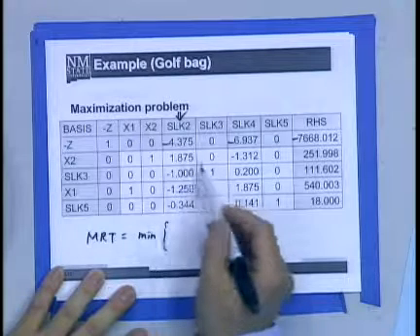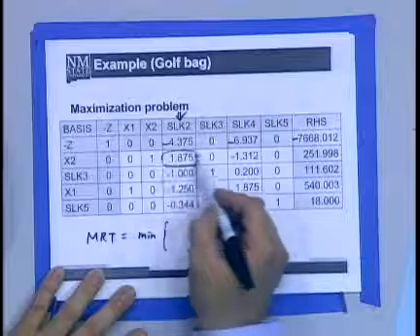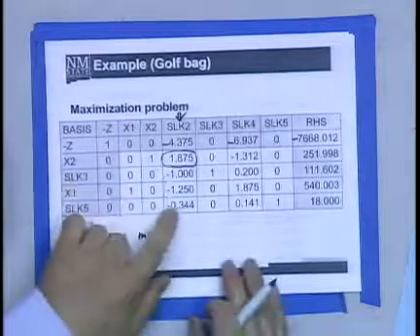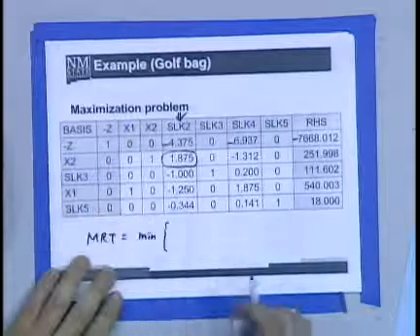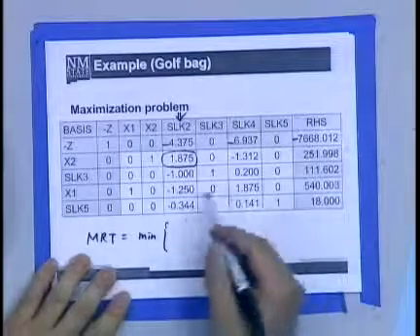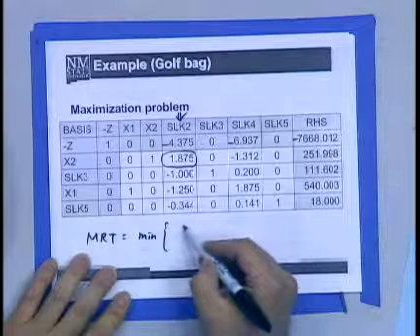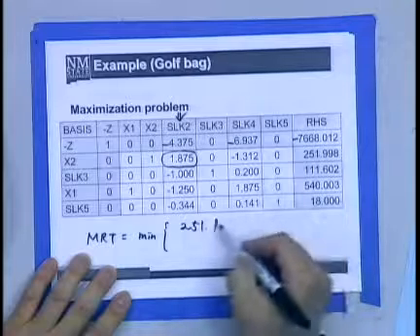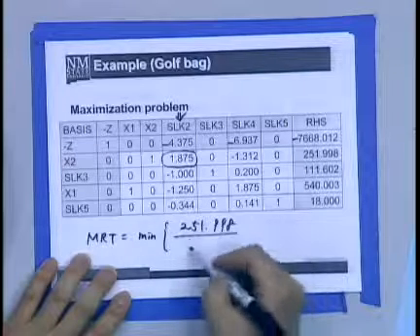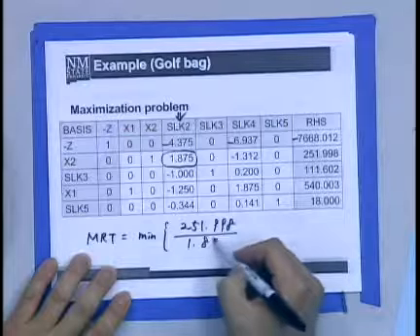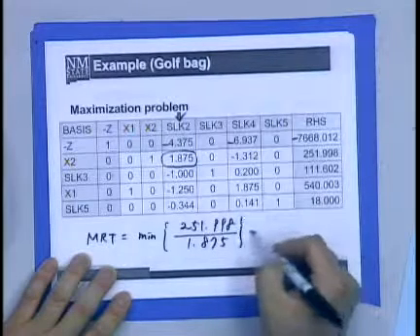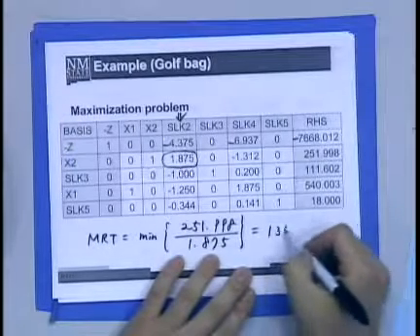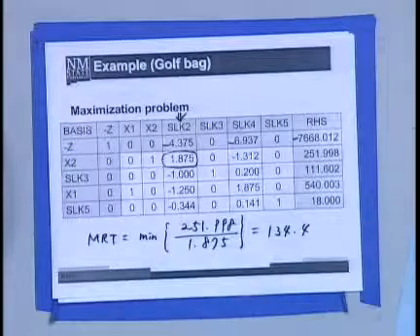And because this is the only one with a non-negative value in that pivoting column, definitely the minimum ratio occurs at 251.998 over this substitution rate, 1.875. Okay? Which is, in my calculation, 134.4.